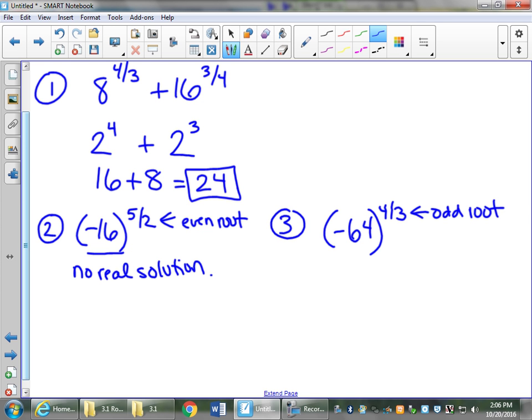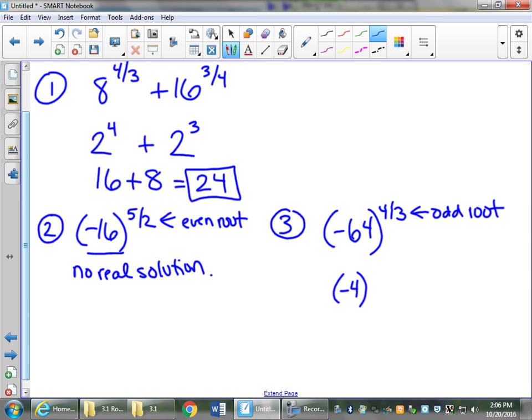So if you look at your chart, the cube root of positive 64 would be 4, but because we're cube rooting negative 64, it's going to be negative 4. And that's because negative 4 times negative 4 times negative 4 is negative 64. An odd amount of negatives stays negative.